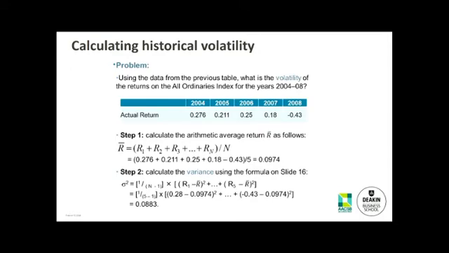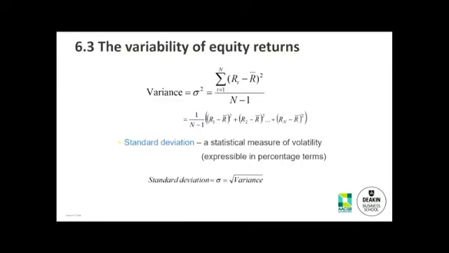But please note that this is variance. We want standard deviation. Standard deviation is the square root of variance. So you simply take the square root of this variance value, and then you will have the standard deviation.